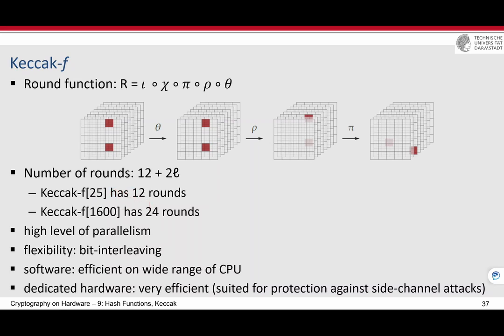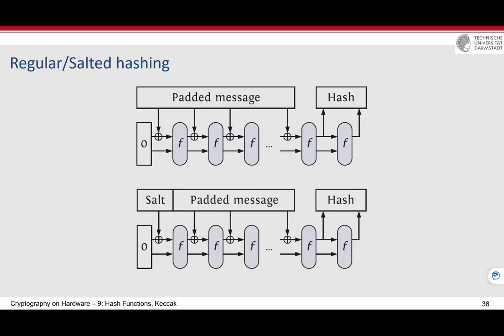Now they had 12 rounds, and for Keccak 1600, you need 24 rounds. It means that these functions should run 24 times until we have just one instance of the F permutation. And F permutation was something like here.